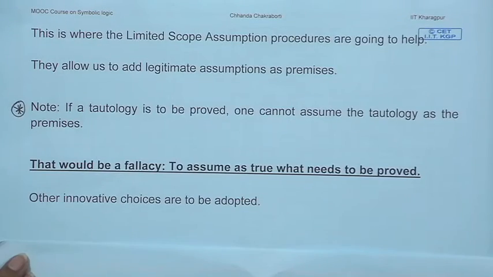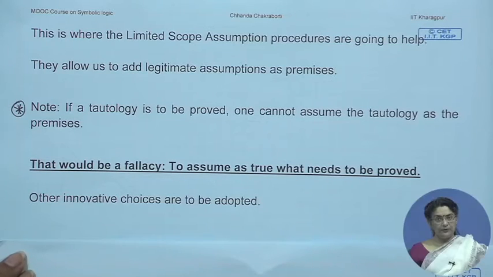Somewhere there has to be other creative choices available. And this is where I said the acquaintance with IP and CP is going to mean a lot, because this is where you are going to have those creative options available to you. The more you understand how the procedure moves, the more you will understand how to generate the premises for a tautology proof.